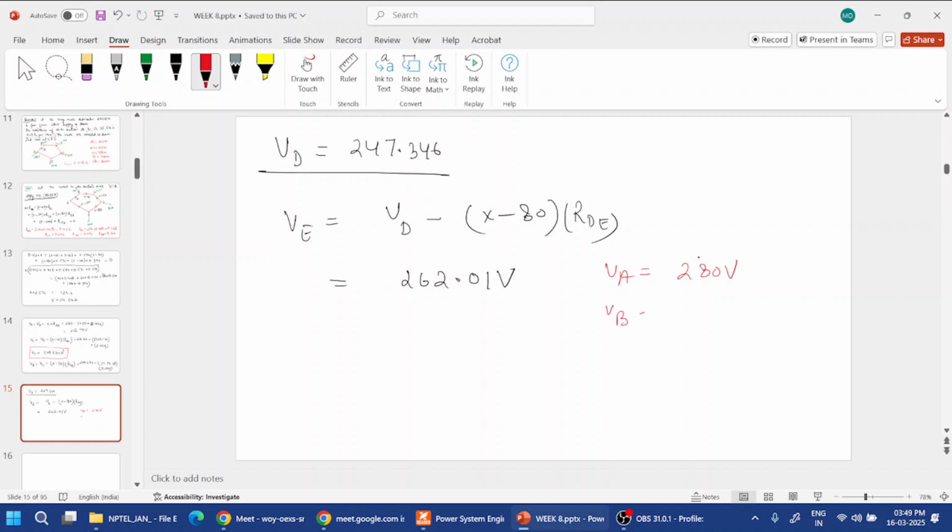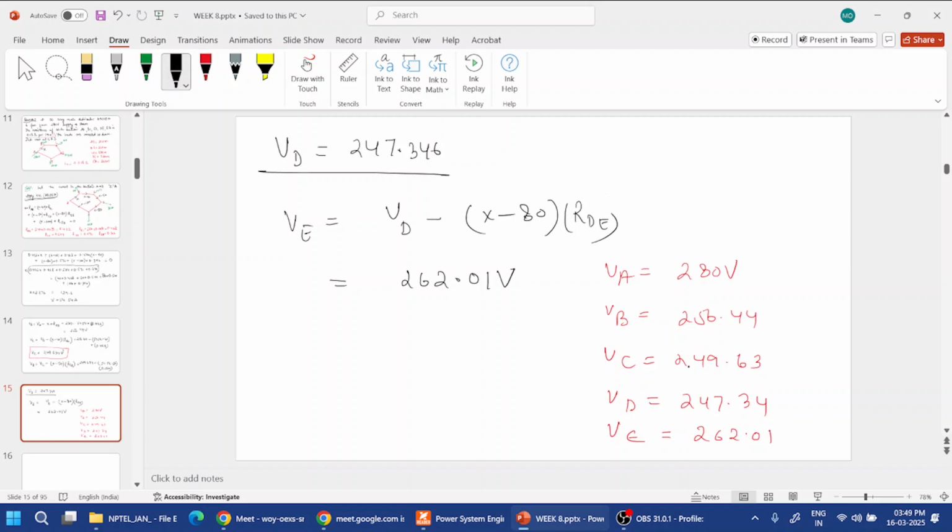So you can clearly see that VA voltage is 280, because at that point the supply is given. VB is 256.44, VC is 249.63, VD is 247.34 and VE is 262.01. So if I ask another question, at what node does the minimum voltage occur?